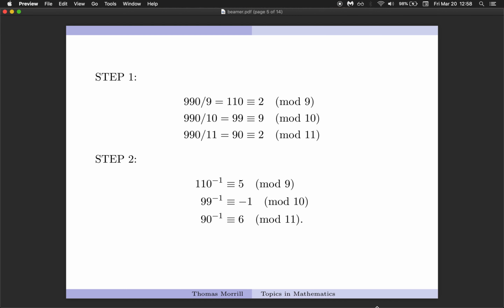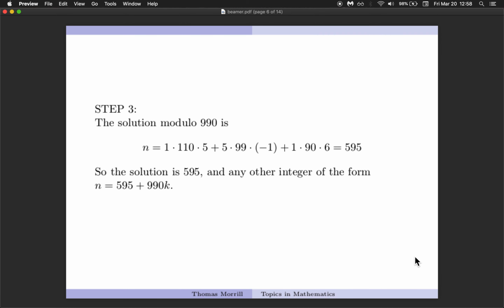In my step 3, I'm going to multiply each of these numbers from step 1 times their inverse in step 2, just as ordinary integers. So I have my 110 times the inverse of 110, which I wrote down to be 5. And this is multiplied by 1 because I want this number to have residue 1 modulo 9.